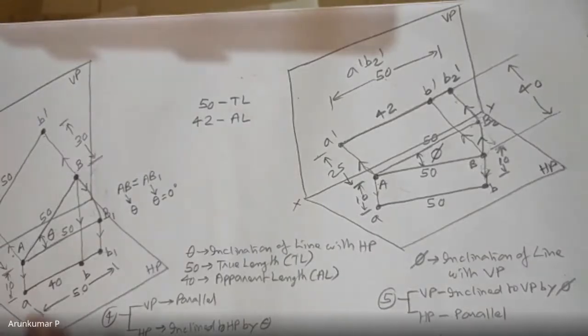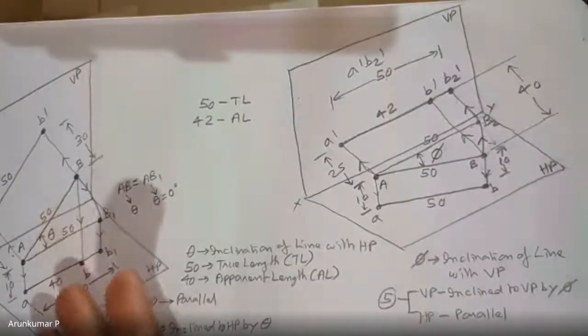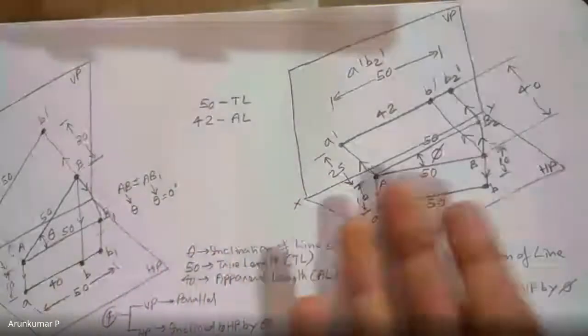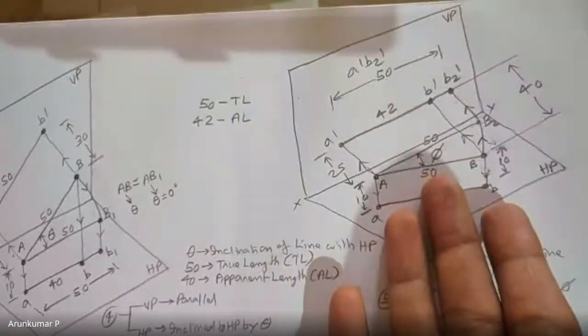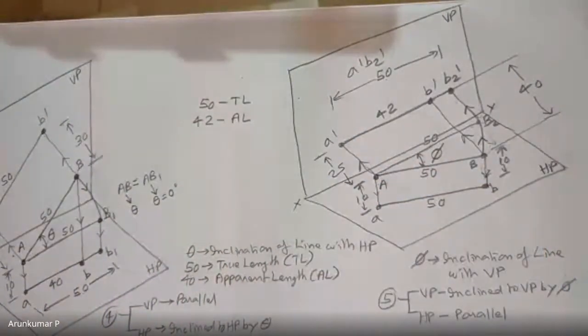Now these two cases are also basic cases, because the line is inclined to either HP or to VP. Now there is the last case, the sixth case, on which almost all your problems are based.